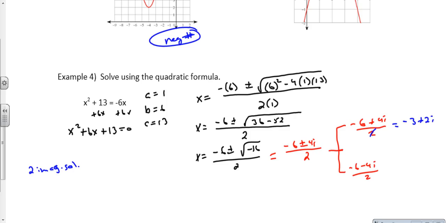So I basically took a 2 out of everything. I can do that down here also. That equals negative 3 minus 2i. And these are called complex numbers because we have an imaginary part and a real part. So together that gives you a complex number.